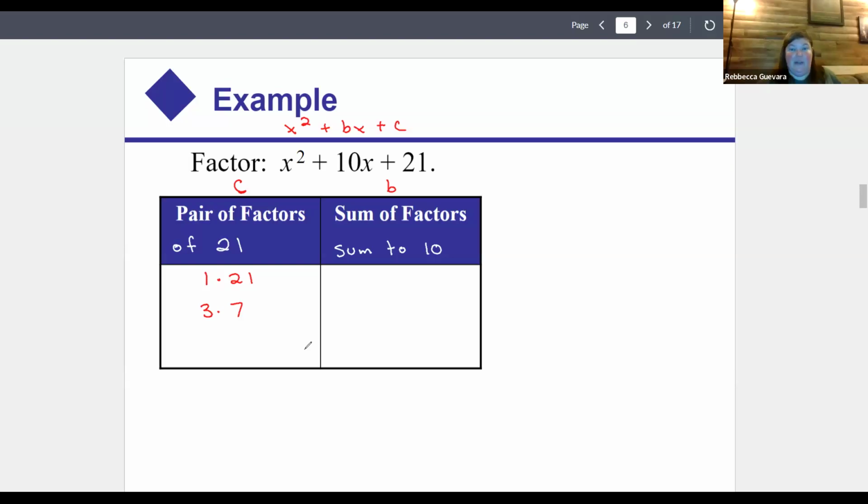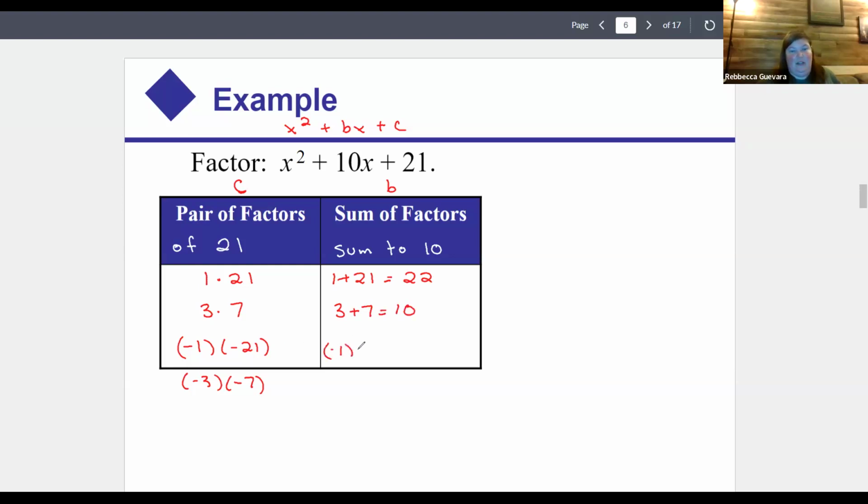There are also negative factors to consider. However, in this case we're really not going to need them. But always bear in mind that when you have a positive number, its factors are going to be either two positive numbers or two negative numbers. If we add these up, 1 plus 21 is 22. 3 plus 7 is 10.